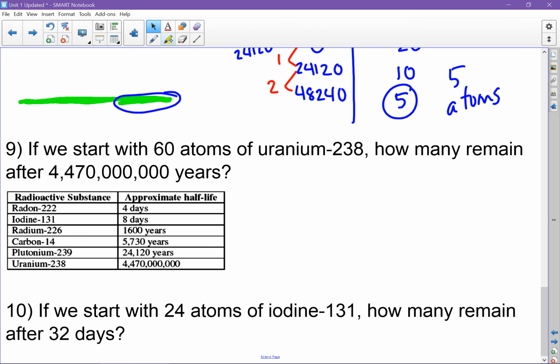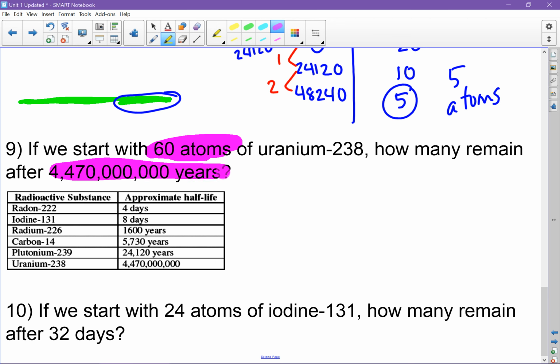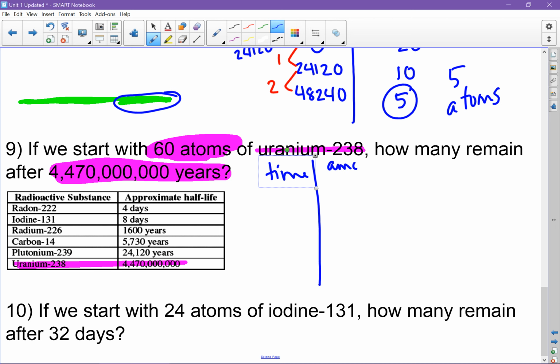Okay, if I look at this one, I want to find some numbers that will help me. Here's an amount, and here's a time. If I look at the substance I was given, it's uranium-238. Finding that in the chart, there's the half-life that we're given, so that's what we will add. So we can set up our time, we can set up our amount of the substance.